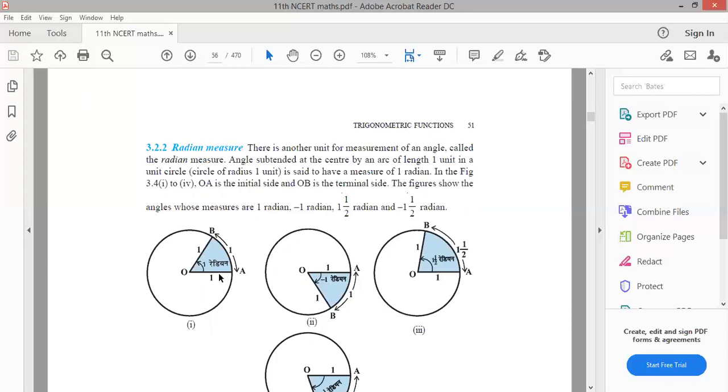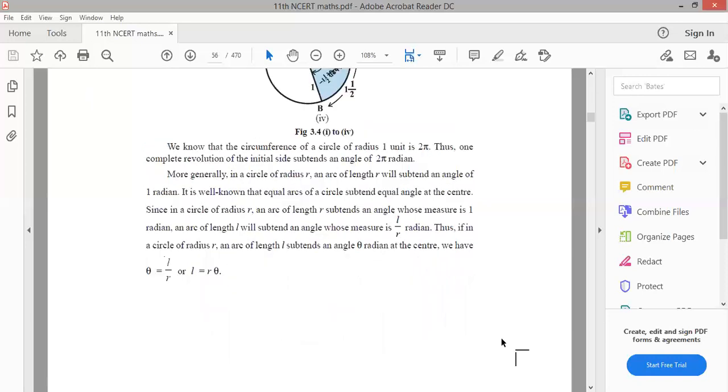You know one important relation between this angle theta, the radius and the arc length, that is theta is equal to L divided by R. So if L is equal to 1, that is arc length is 1, and radius is 1, hence theta is equal to 1 by 1, that is 1. So that 1 is the radian measure of the angle.